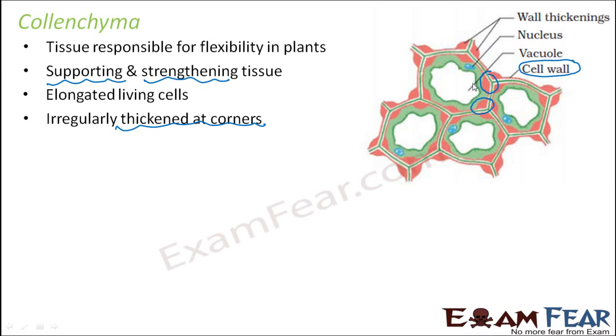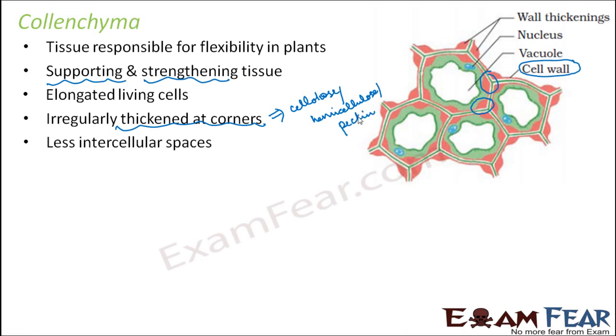The thickened corners are made up of nothing but cellulose, hemicellulose and pectin. So these are basically the composition of the thickened corners: cellulose, hemicellulose, pectin.